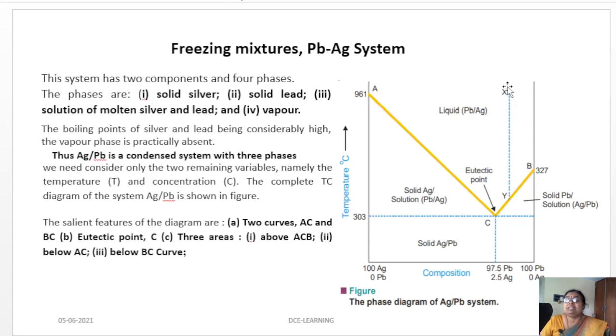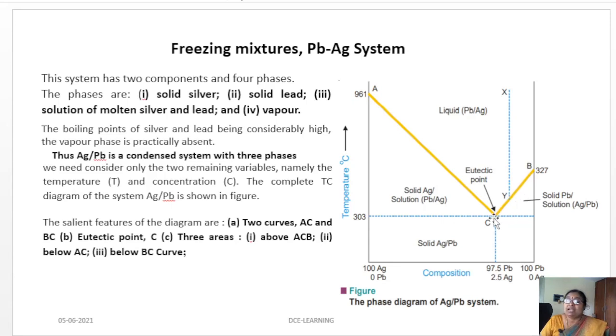If we take any composition X and cool it until it touches point Y along BC, the lead present in the argentiferous lead solidifies, and the silver present stays in the solution. Therefore the percentage of lead decreases and the percentage of Ag increases as you go along BC.